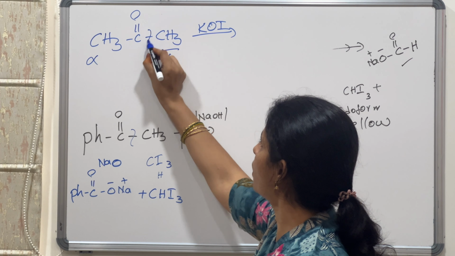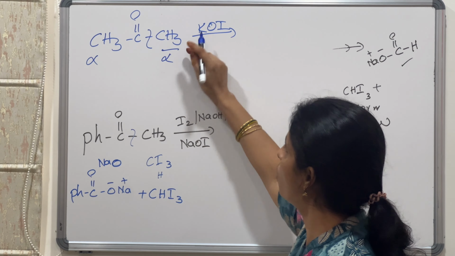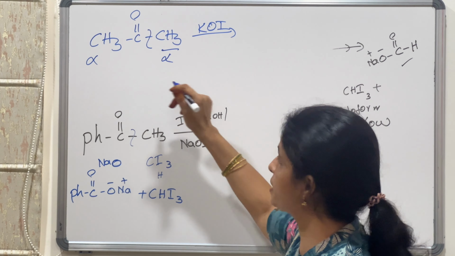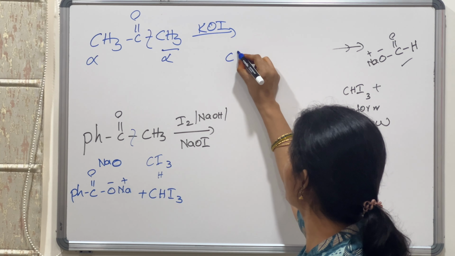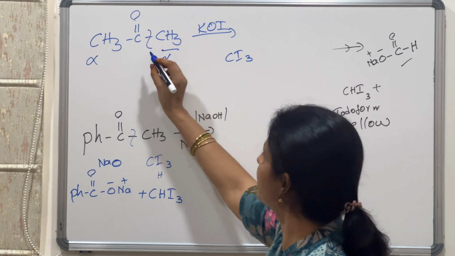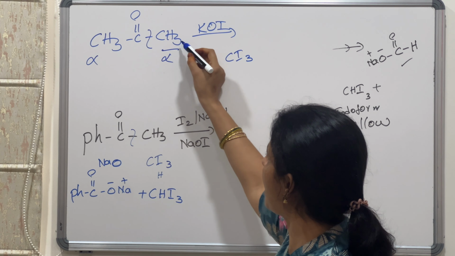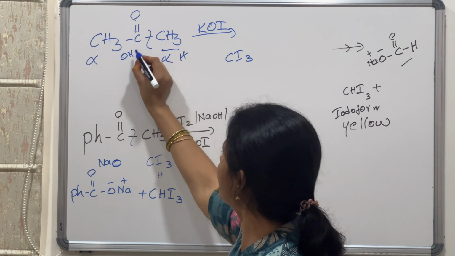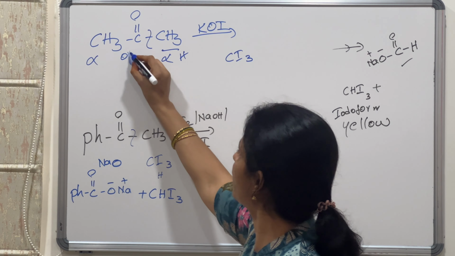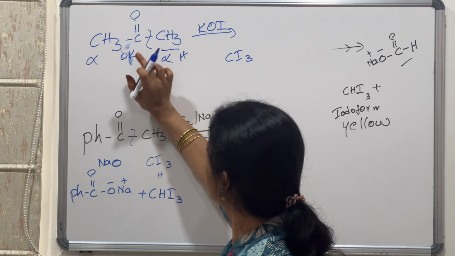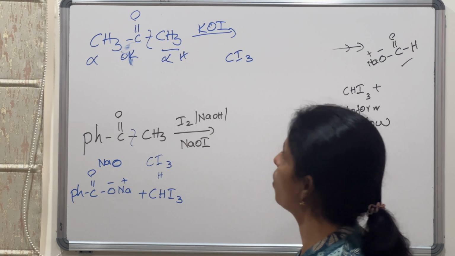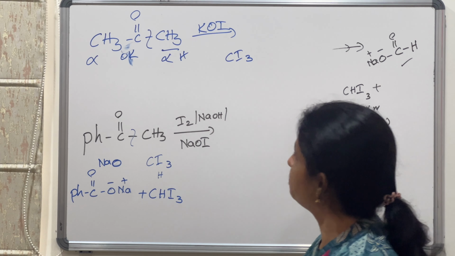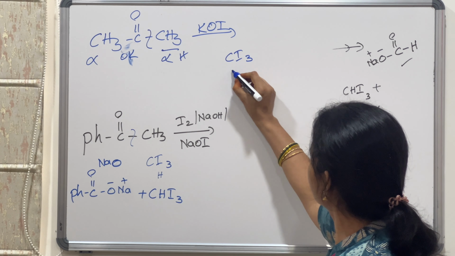So how to write the product? First you write 3 iodines instead of hydrogens. So this will become CI3, and after adding iodines, hydrogen this side, ONa this side. Here you have taken K, no? So you add OK. So hydrogen this side.